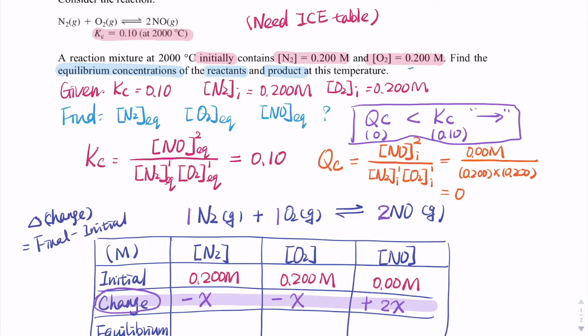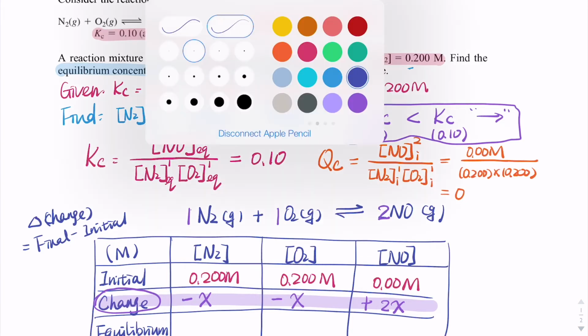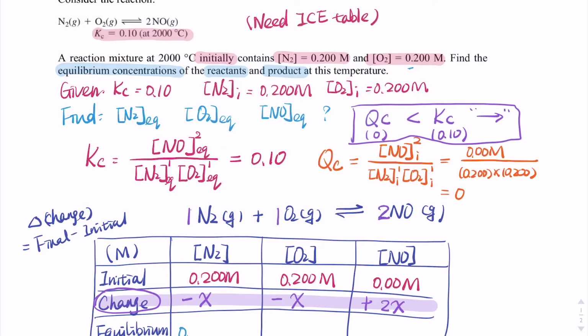Here we are looking for final, so you move the initial to the other side: final equals initial plus change. So you use 0.2 plus negative x, which is just 0.2 minus x. Same over here, 0.2 minus x. This will be just 2x.